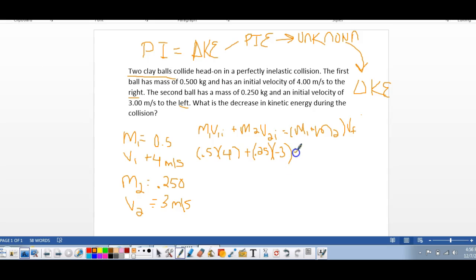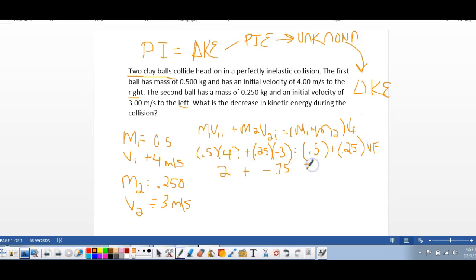Okay, and then that's going to equal the 0.5 plus the 0.25. You don't really need those brackets there, but I put them there, so just leave them, times velocity. And that's what we're going to solve. So we do this, and we end up with 2 plus 0.25 times 3, which is negative 0.75.